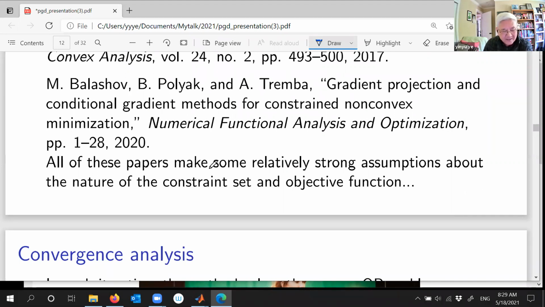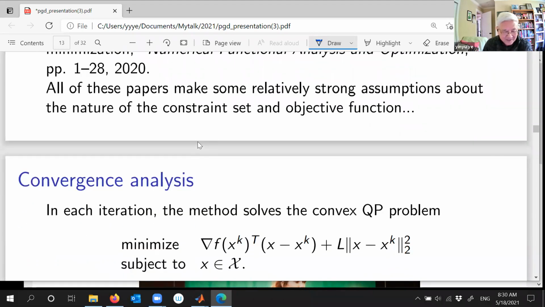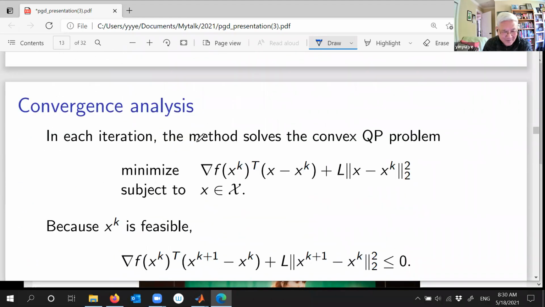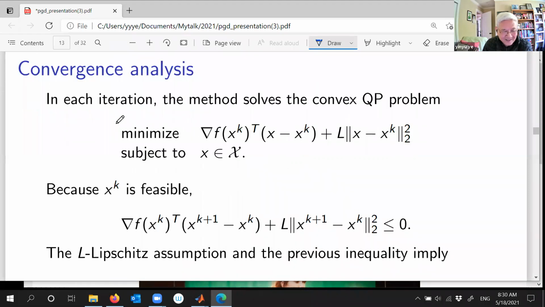Most of the time they need strong technical assumptions. Also, you have to start the point very close. Then you can prove something. So what I'm going to do in the next few minutes is show that by taking steepest descent with half of the standard step size, you can already prove a lot of things.